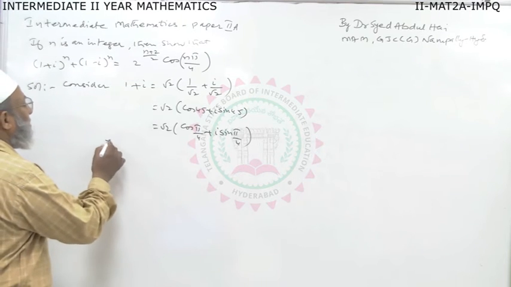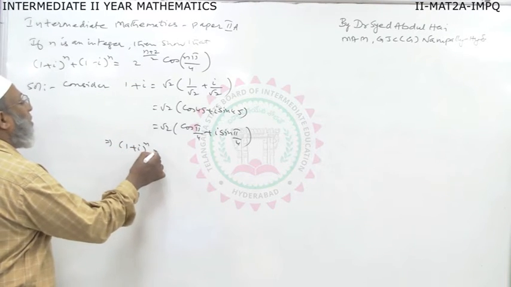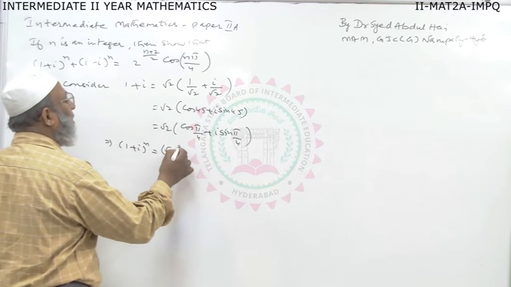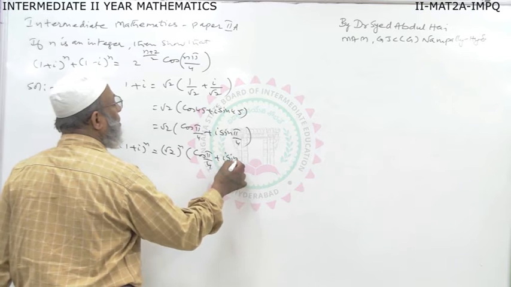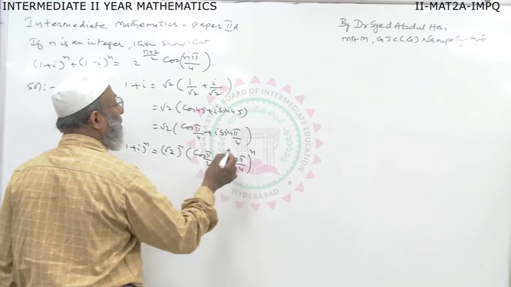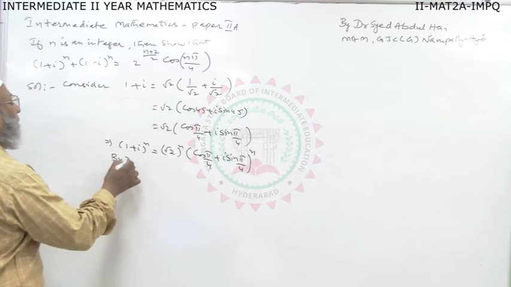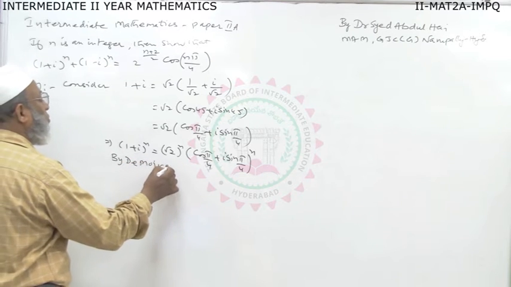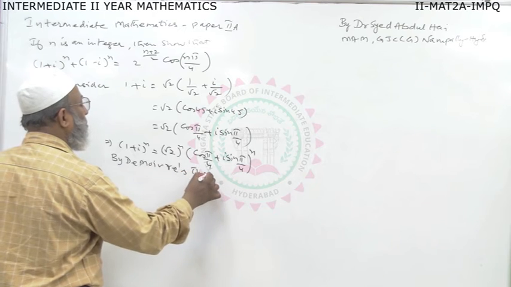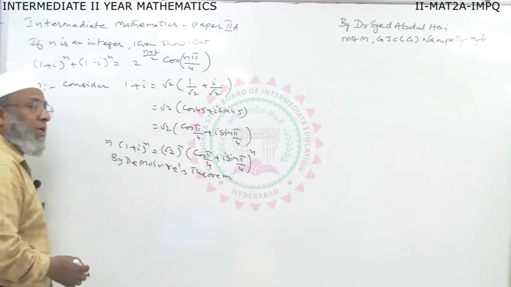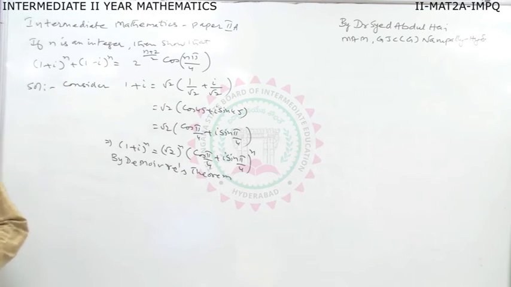So this implies that (1 plus i) whole power of n is equal to root 2 power of n into (cos pi by 4 plus i sin pi by 4) whole power of n. Now by De Moivre's theorem, what is this?